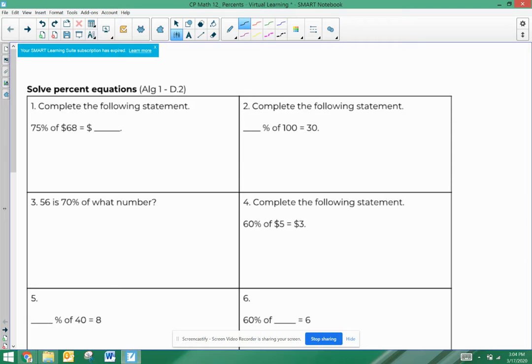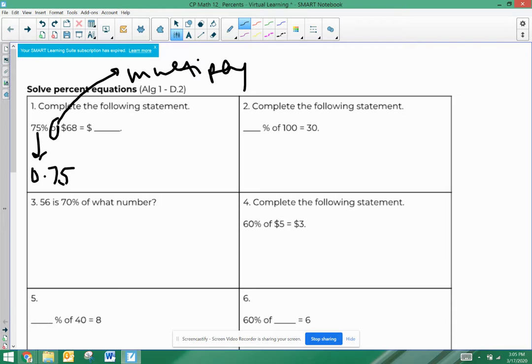Solve percent equations. 75% of $68 is. So the first thing we want to do is convert 75% into a decimal. So as we saw in last lesson, that's 0.75. Of always tells us that we want to multiply.